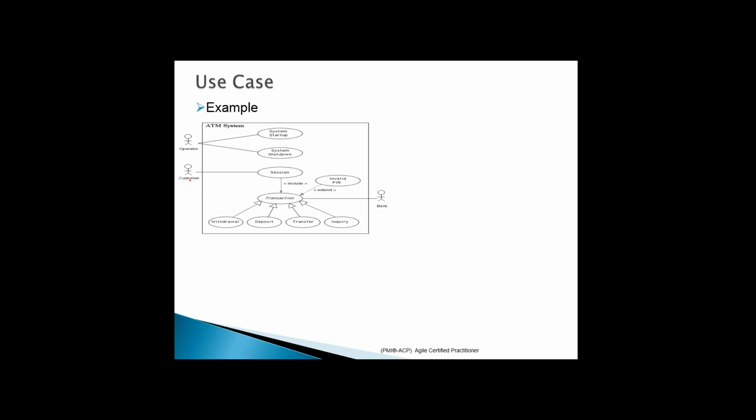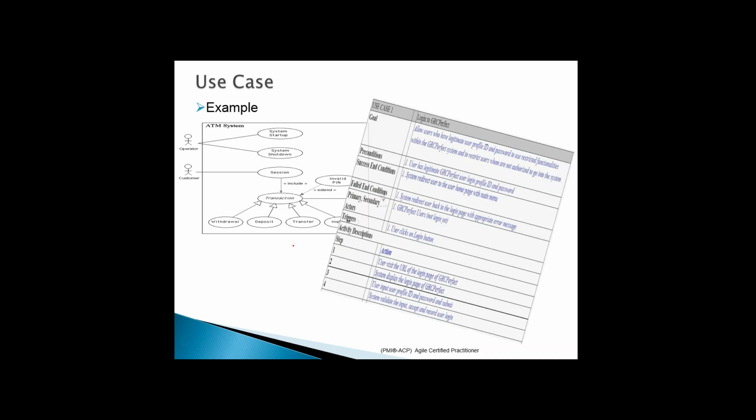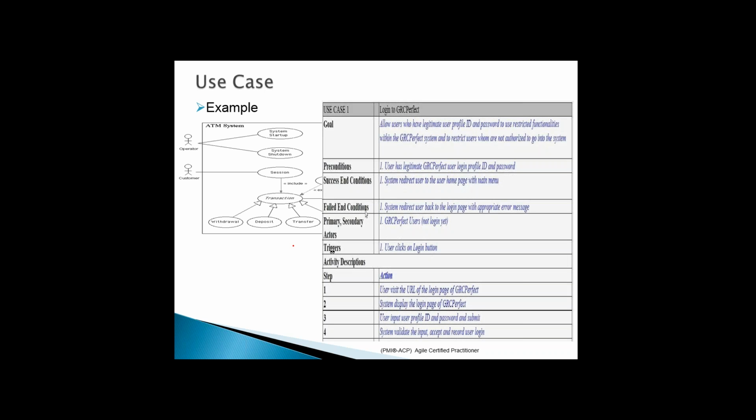That is how he interacts. Customer starts a session, either he withdraws, deposits, transfers, or inquires on his balance and things like that. He can also probably type an invalid PIN, then it goes to the bank, things like that. So this is the typical use case, right? This is how it's going to look like. Or it can also be in this format. Instead of an image, you can be given a table in this way.